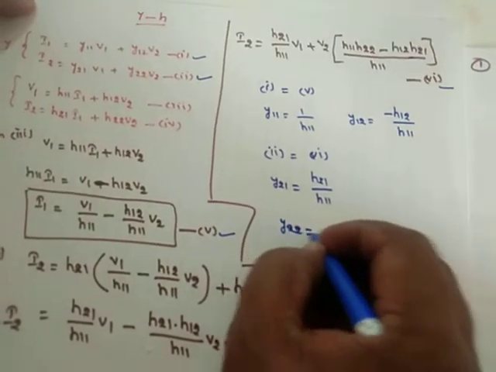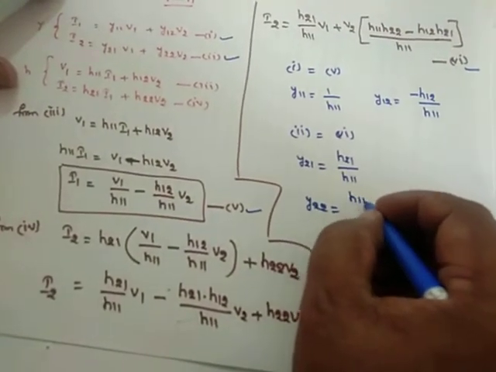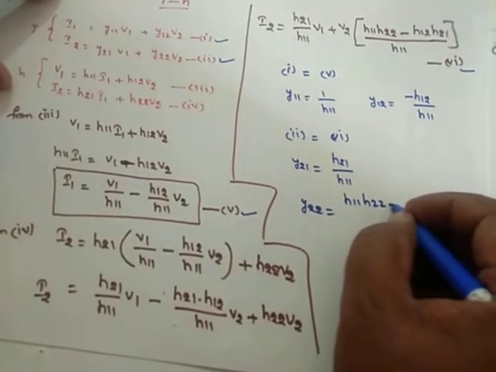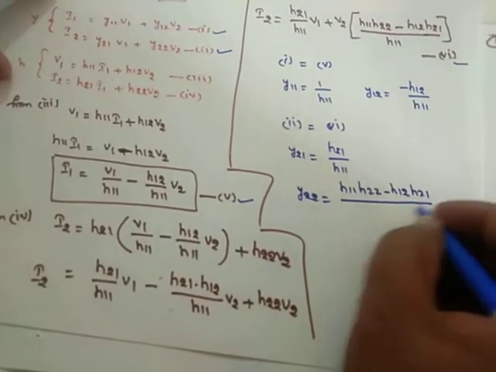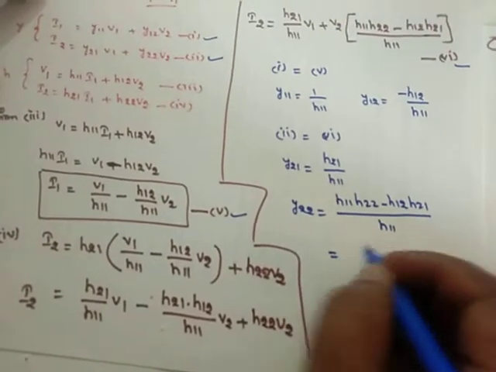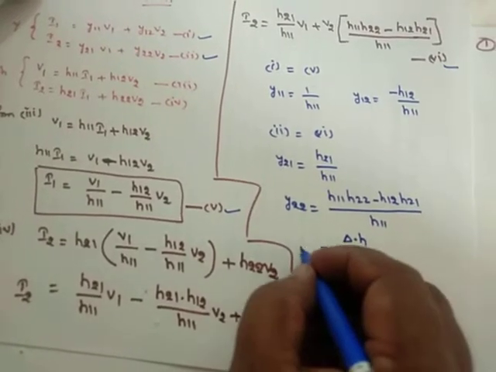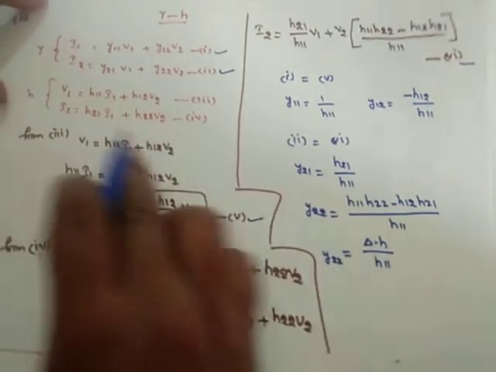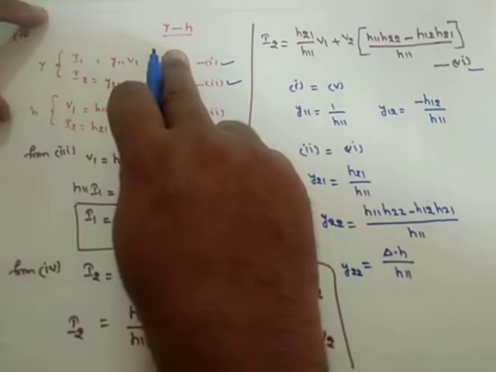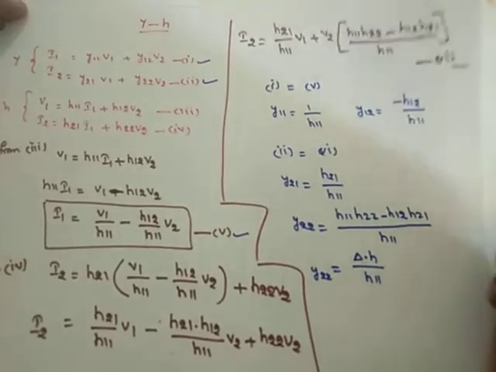Then Y22 is equal to, comparing here, (H11 H22 minus H12 H21) by H11, that is equal to determinant of H matrix by H11. So like that you can easily convert Y parameters in terms of equivalent H parameters.